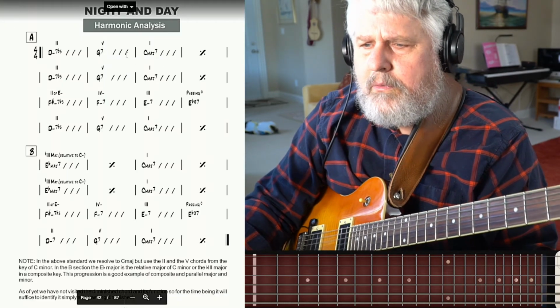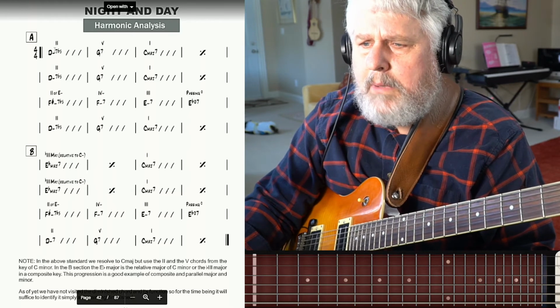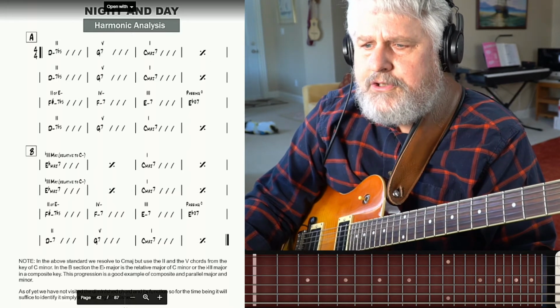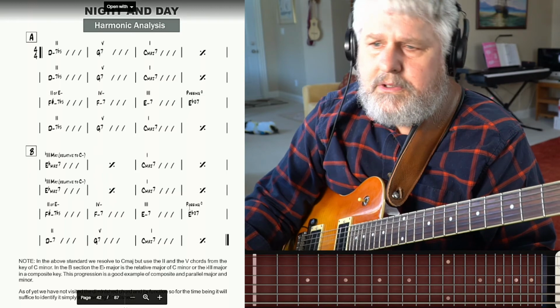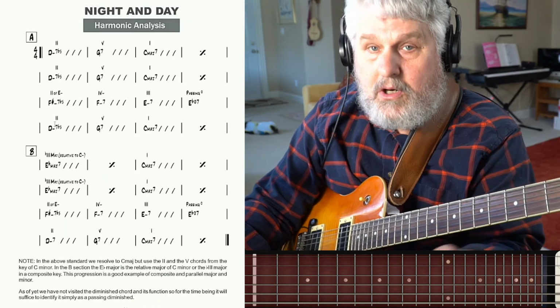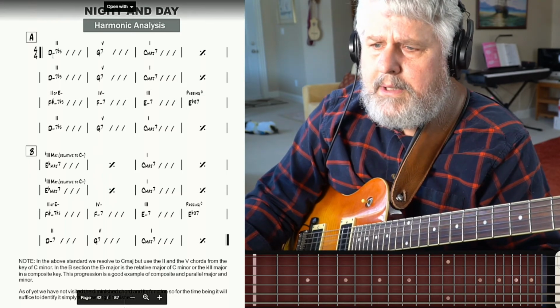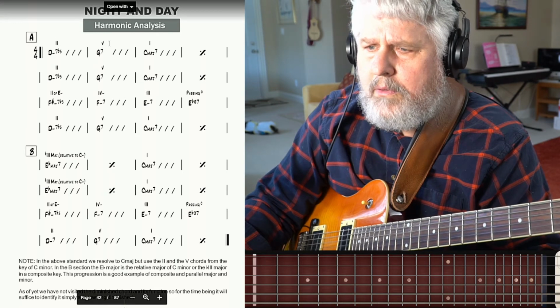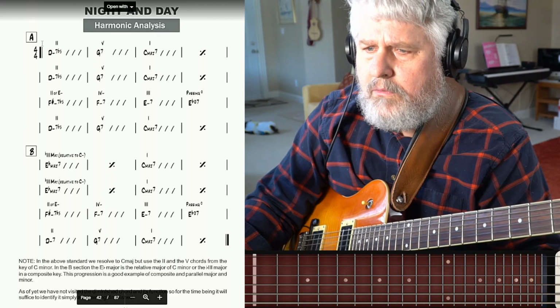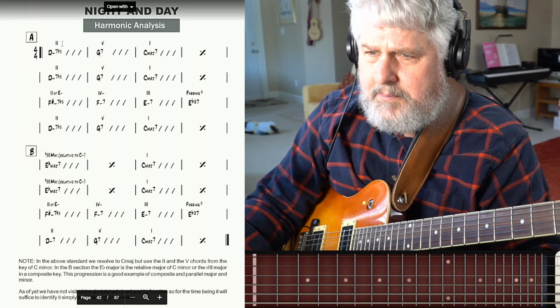So if you do a harmonic analysis of your own, it should look something like this, right? You can take the previous chart out of your real book or whatever, but you would just write the chord functions over top of the chord.